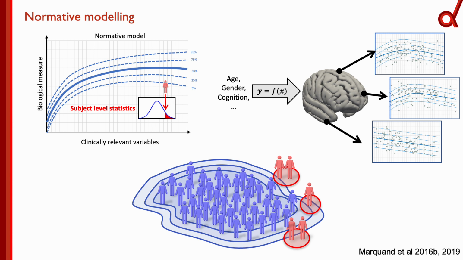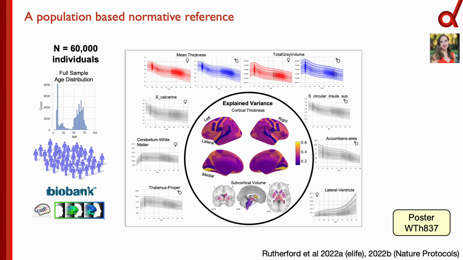for example, on the basis of these mappings. So some work that we've produced recently, you can come and look at this work from Sage Rutherford, who's really been championing this area. She aggregated a very large data set to generate a growth chart for the brain, if you like, a fairly comprehensive reference model for cortical thickness, subcortical volume, and so forth.